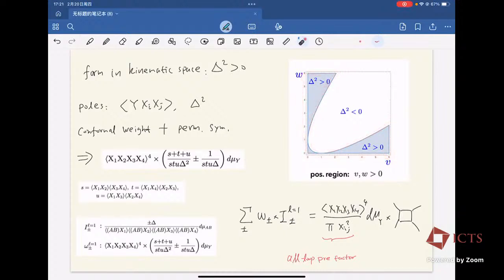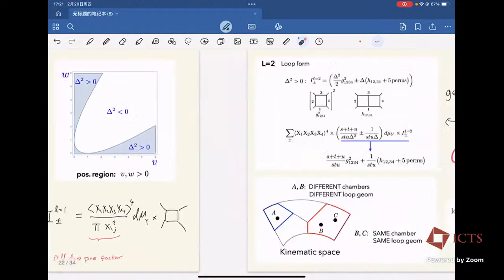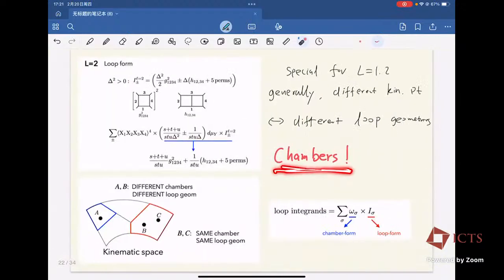But remember, the geometry only exists in the domain where delta square is positive. So you compute the tree form with the boundary that has this local xi dot xj, but also the delta as a boundary. So this is your tree form, and all we are providing is a way, based on these chambers, to compute all the loop form.